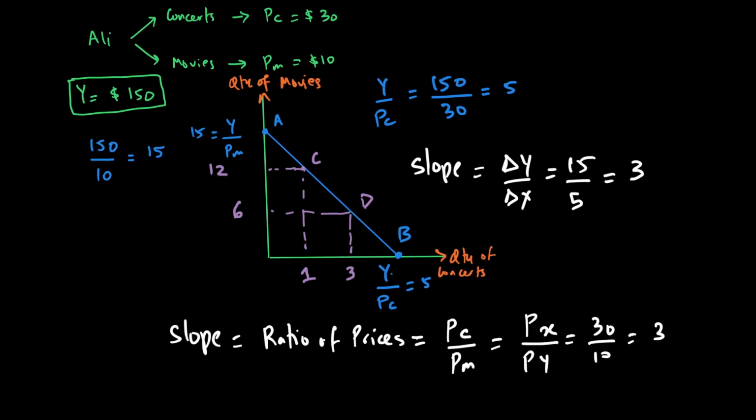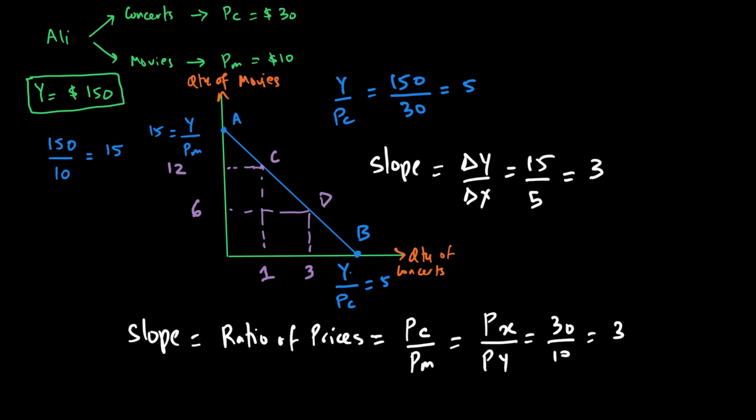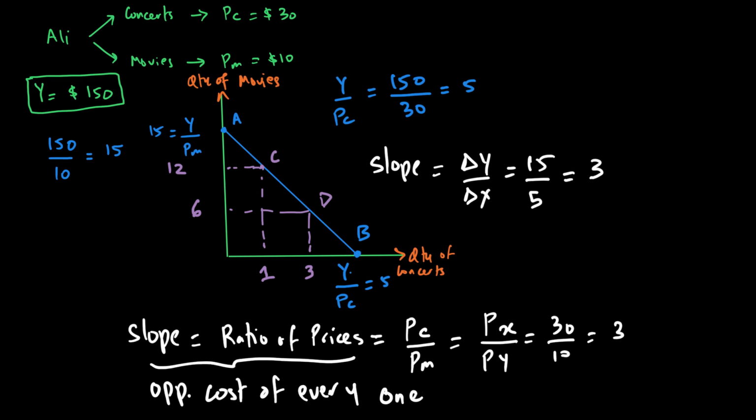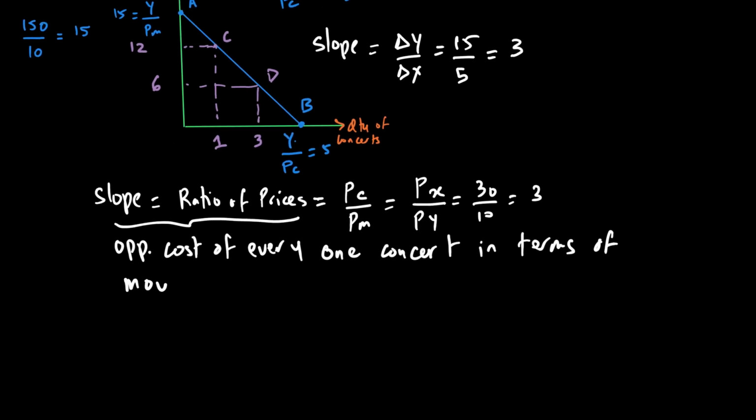Now I'm not going into proving why the slope will be the ratio of prices, but what I want to talk about is that if concerts are 3 times more expensive than movies, then the slope is telling us the opportunity cost of every one concert in terms of movies.